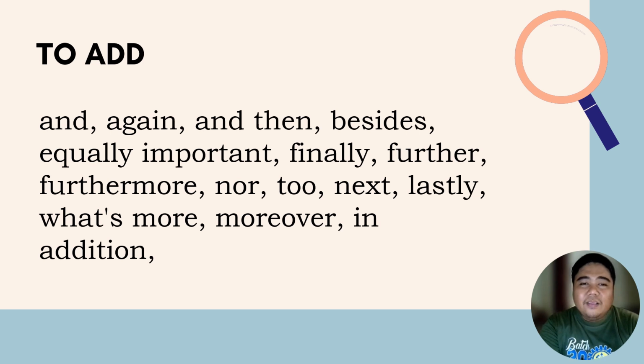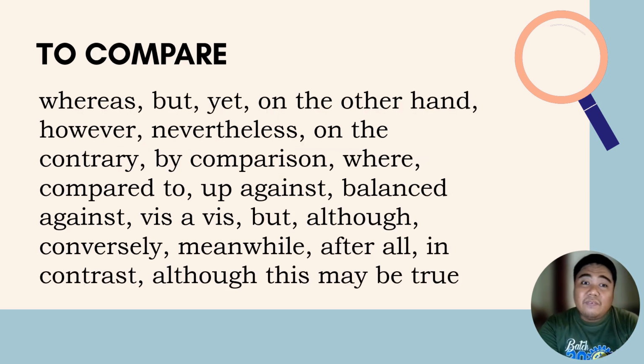Aside from that, we can also use transitional devices to compare, like whereas, but, yet, on the other hand, however, nevertheless, on the contrary, by comparison, compared with, up against, balanced against, vis-a-vis, although, conversely, meanwhile, after all, in contrast, and so on.